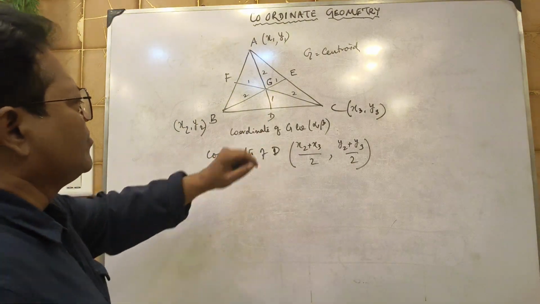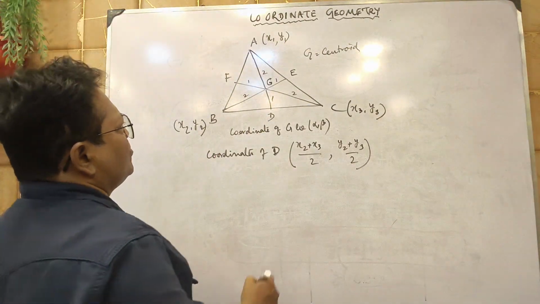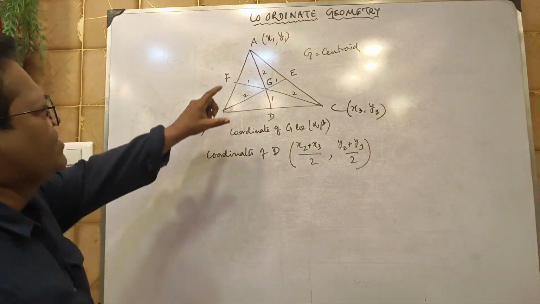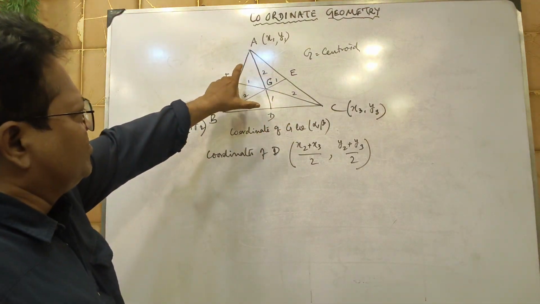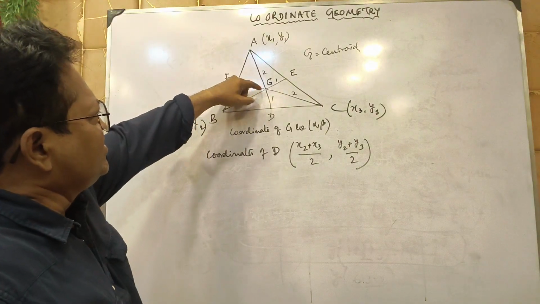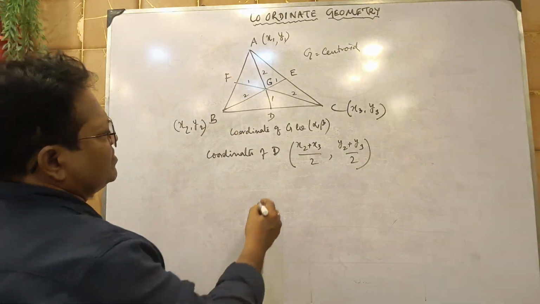This is the coordinate of D. Now apply the section formula between A and D, which is divided by G in the ratio 2 is to 1.